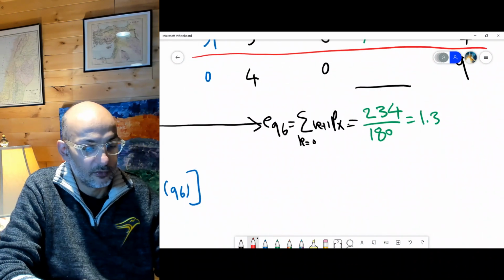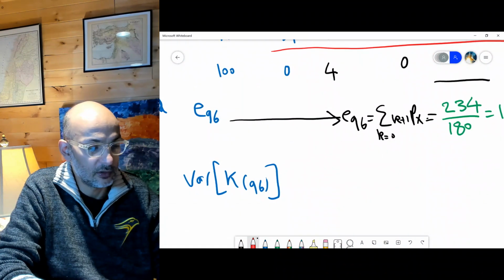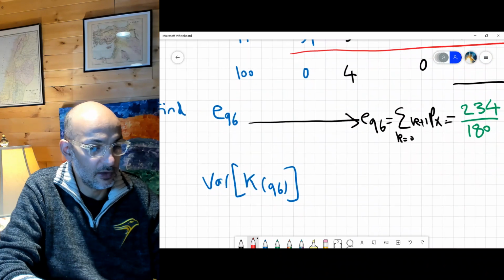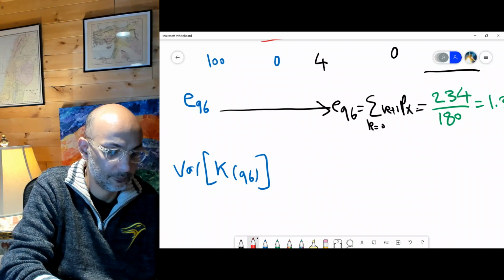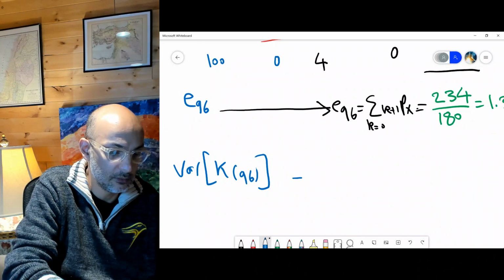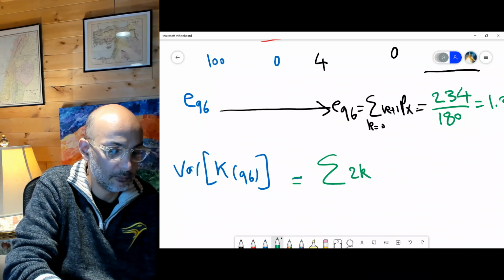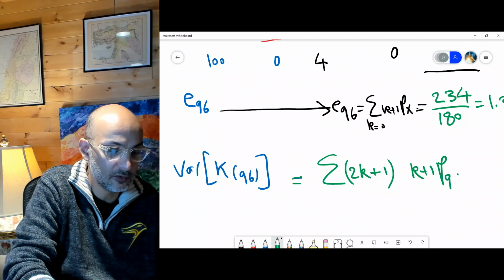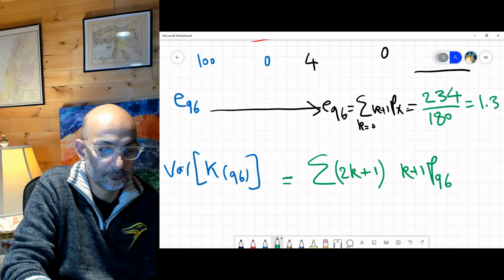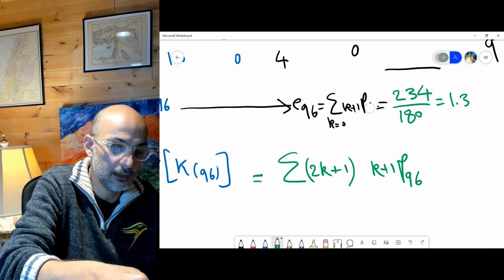So now the second question was to ask us to find the variance of this one. And this one, immediately we can write it. Summation 2k plus 1 multiplied by k plus 1 p96, right?